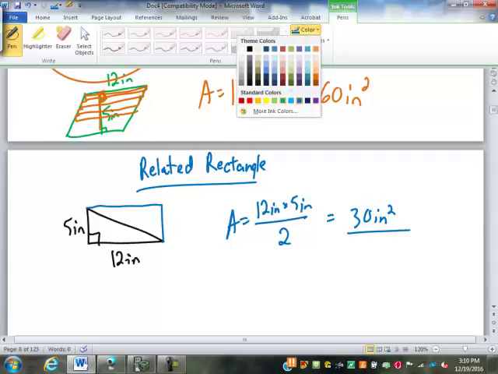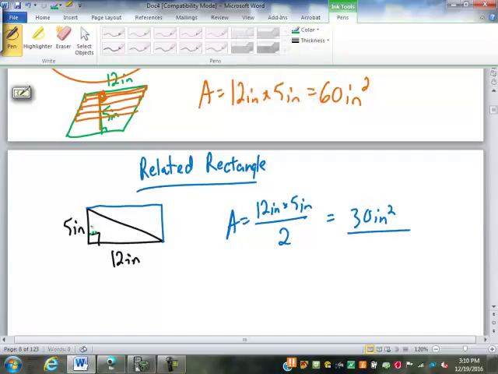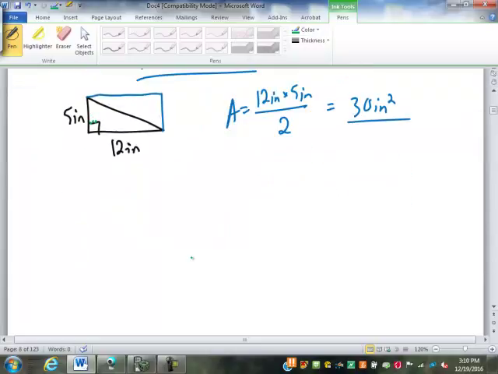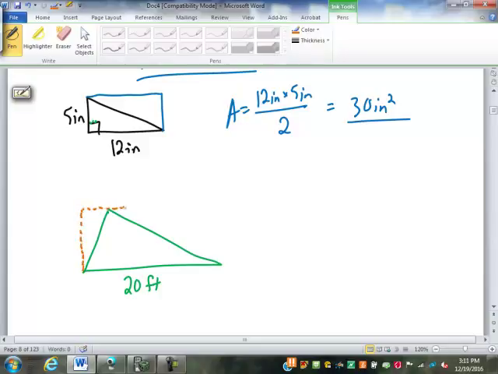Now the triangle does not have to be a right triangle like this one was. I could have a triangle like this. That's not a right angle up here. And let's say that this here is 20 feet down here. The related rectangle that contains that triangle would look like this. 20 feet would be the length, but we need to know the width.